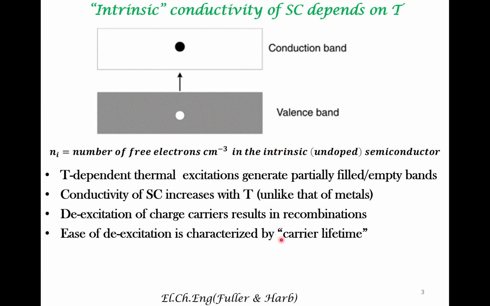All these concepts are elaborated in semiconductor science and engineering literature. So what we are trying to do here is to provide a one slide introduction to concepts that are perhaps covered over many lectures in a course on semiconductor science and engineering.